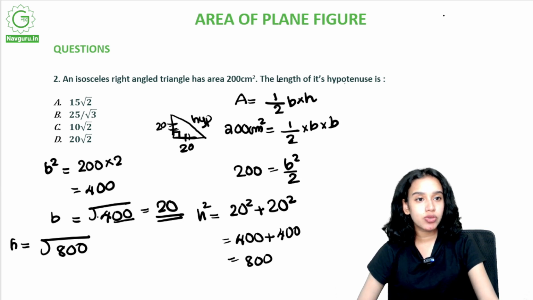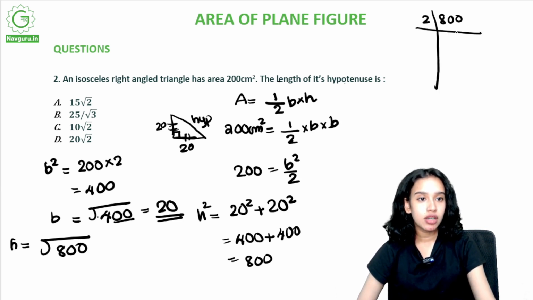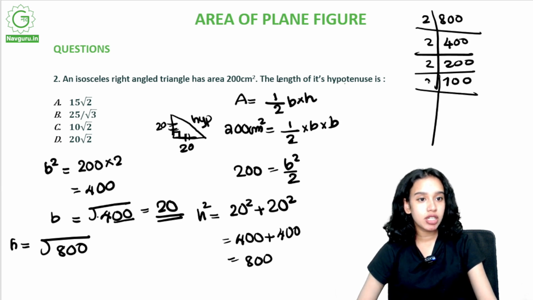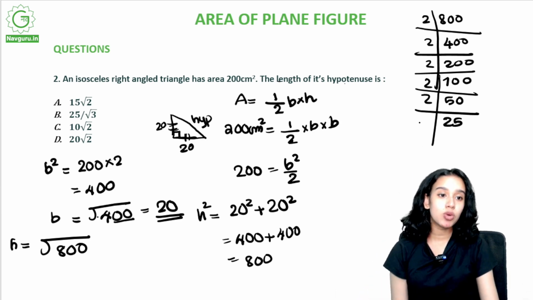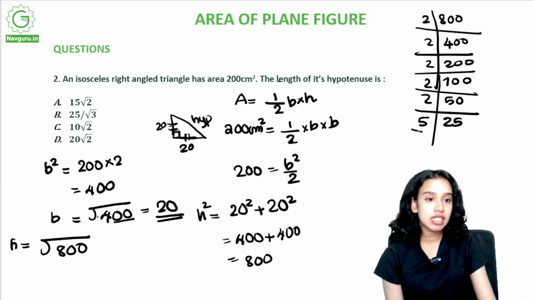Now, let's find the root for 800. We could divide it by 2, we'll get 400. Again by 2, we get 200. Again by 2, we get 100, right? Now, again by 2 gives us 50. By 2 gives us 25, right? Now, is it divisible by 3? No. Is it divisible by 5? Yes. We get 5 and 5 times 1 is 5, right?